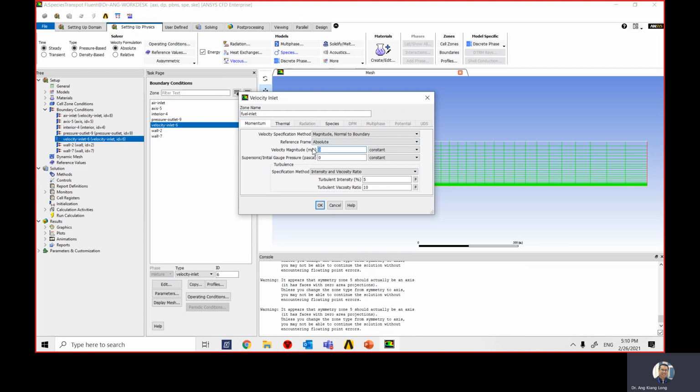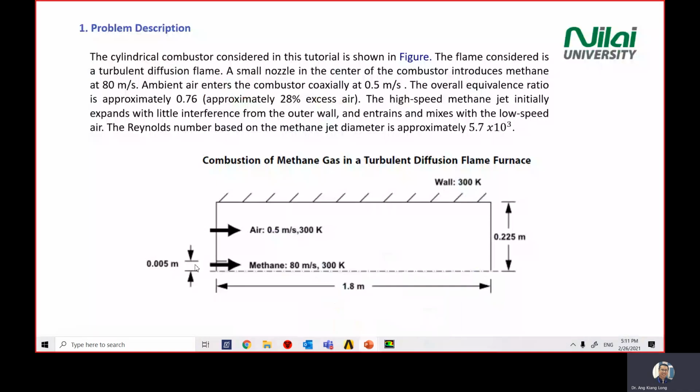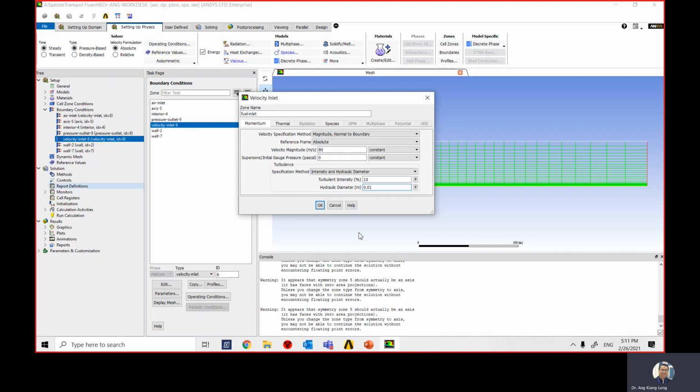The magnitude of velocity will be 80. Turbulence intensity we put at 10. Again, change the turbulence specification method to hydraulic diameter, and the diameter here will be 0.01, referring to the diagram. It is this one. So this is the radius, so you need to key in the diameter, so times 2.